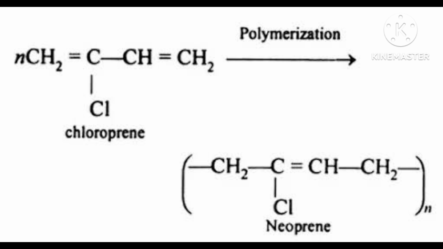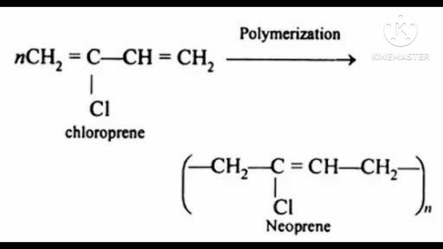And I already told you the nylon 6,6 structure. Here you know that two NH2 are there. Again I am telling you one more time, it will start with NH, and this N is attached with (CH2)6, six times CH2.